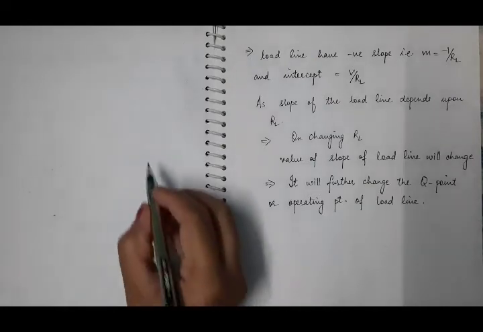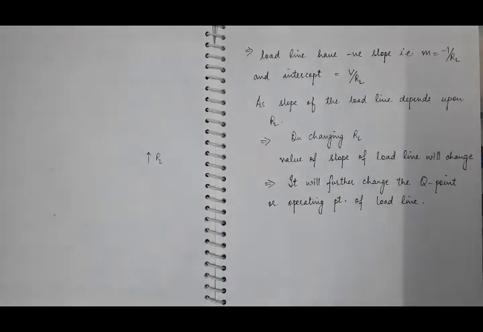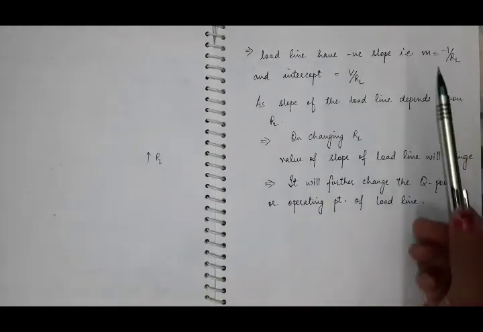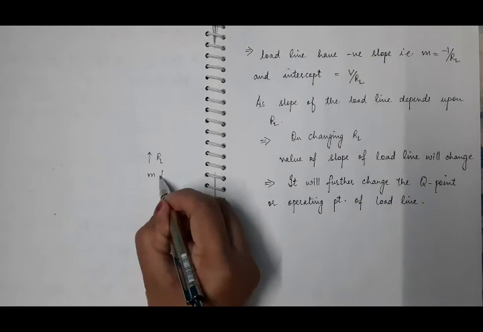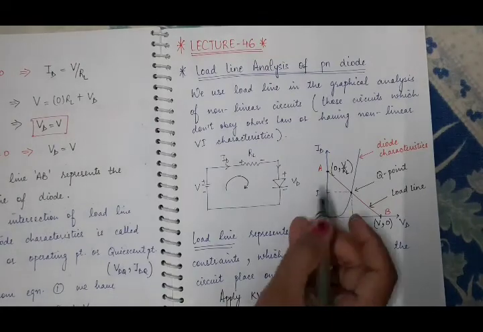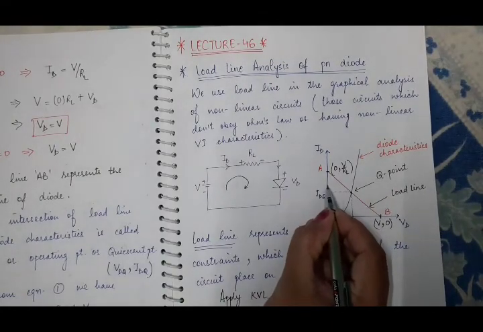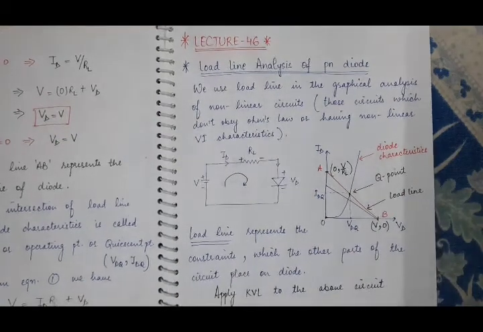So now suppose you are increasing RL. When you increase RL, the slope, being the reciprocal of RL, will decrease. And if this slope decreases, then how will the load line change? This will be the new load line with less slope.